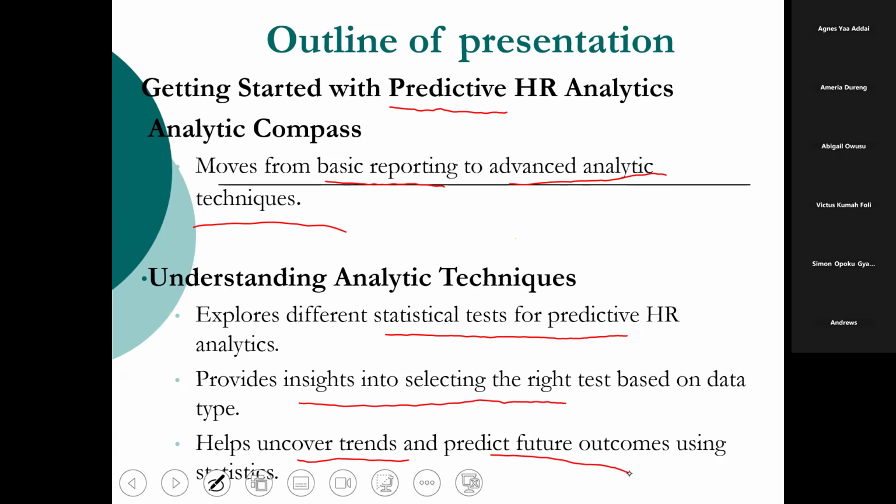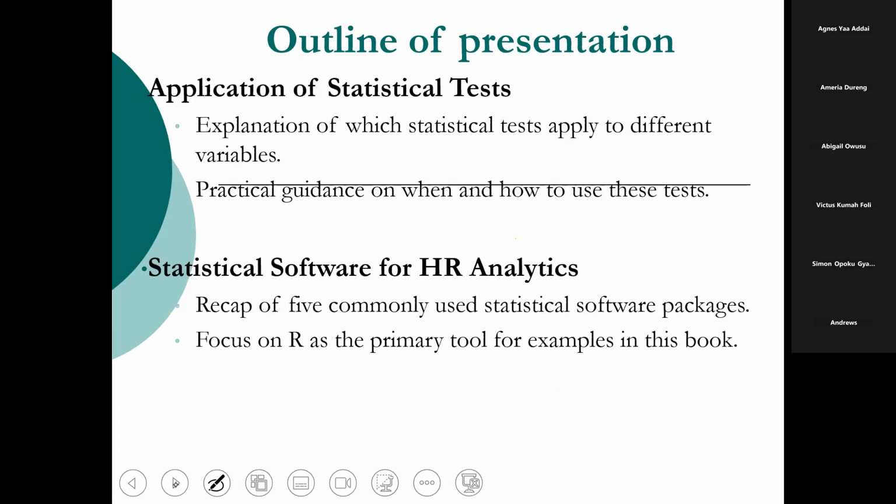So, ladies and gentlemen, that's what we set for ourselves, and we pray we can finish it, and then we'll move to the practicals. We'll also look at the application, and then we'll look at the software, of course, focus on.